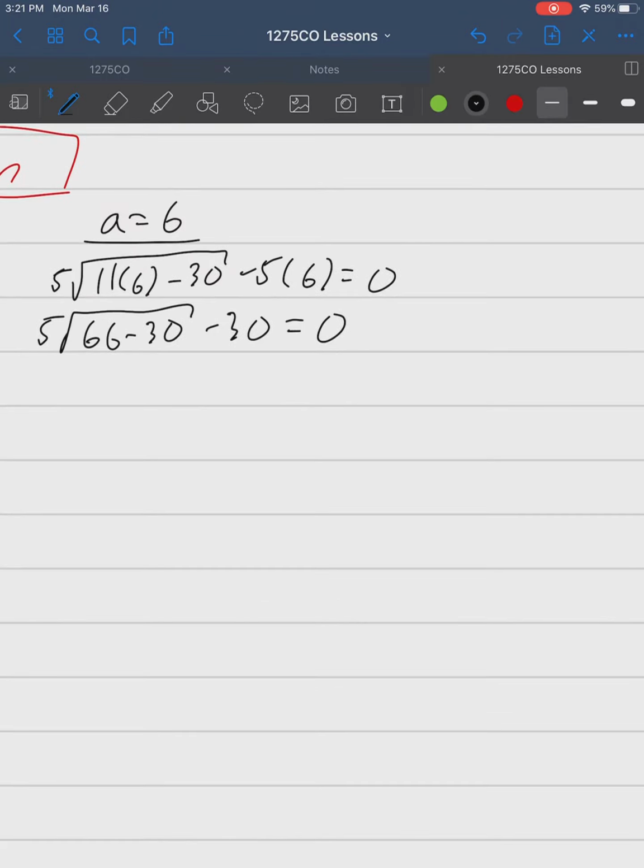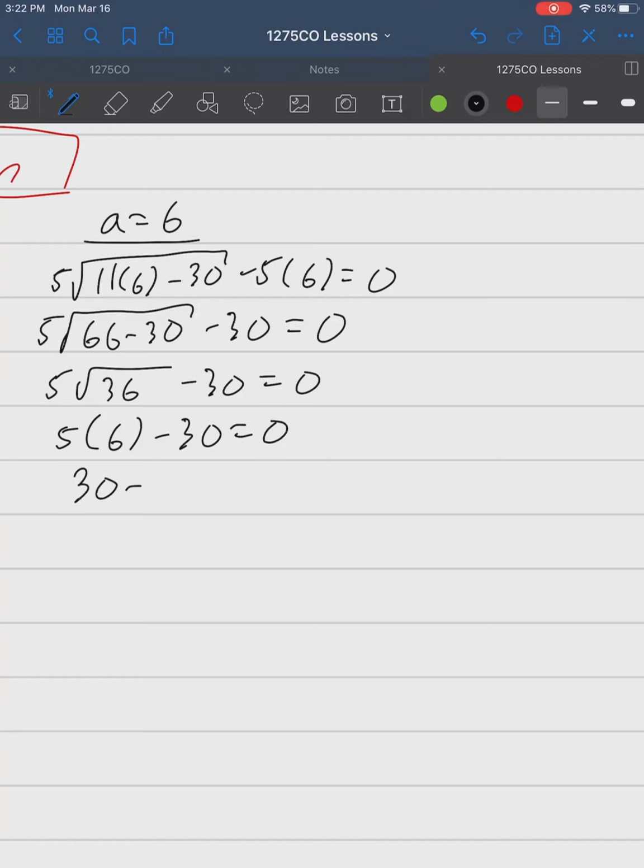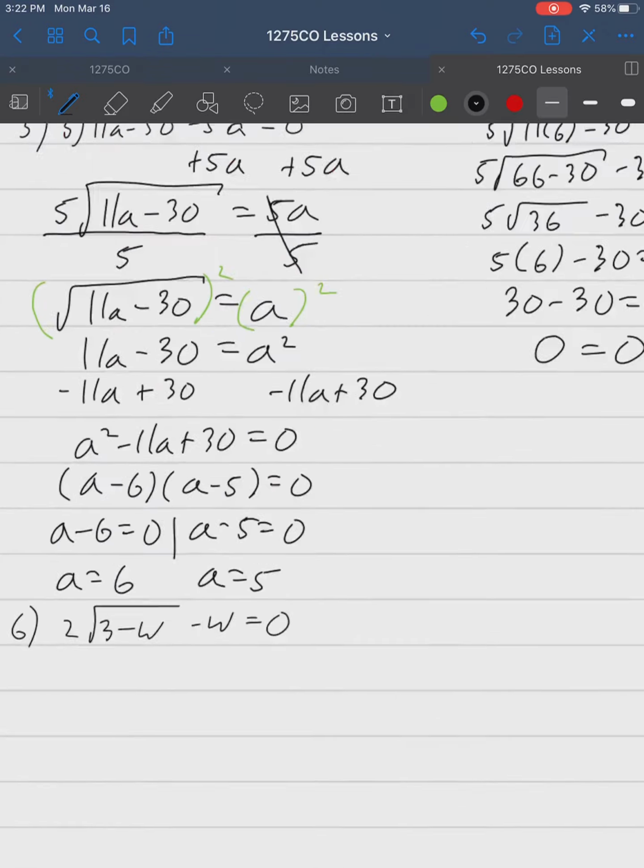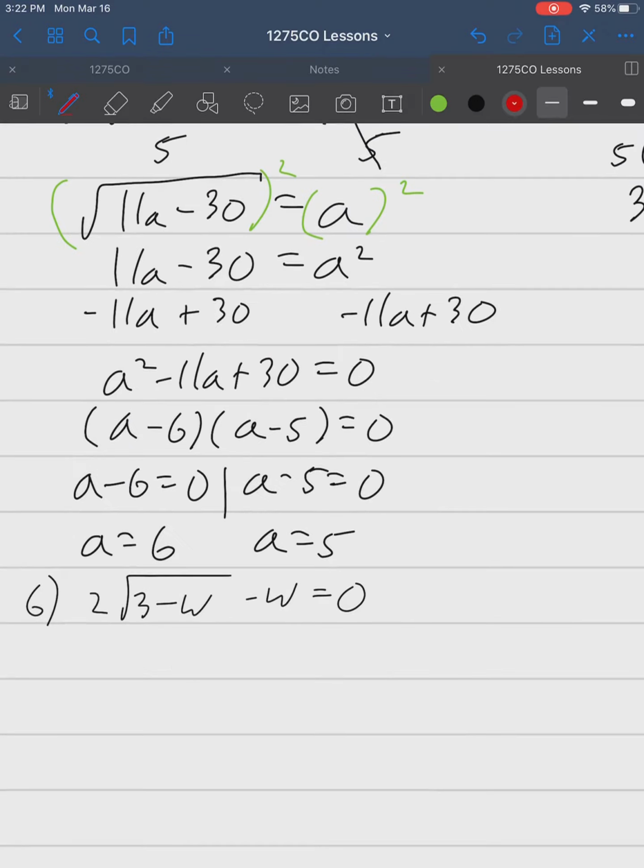Is that right? Yes, it is. 5 and then radical 36 minus 30 equals 0. 5 times 6 minus 30 equals 0. 30 minus 30, and 0 equals 0. So a equals 6 works.